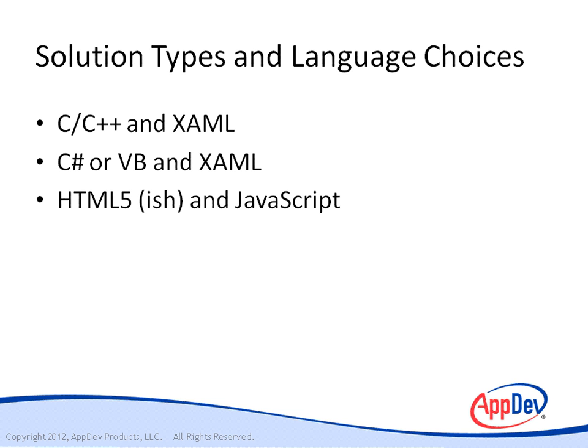On top of C#, VB, and XAML, you can also do HTML5-ish, and what that means is that to the best of Microsoft's ability, it's supporting HTML5, but for the foreseeable future, HTML5 has not been officially blessed by the W3C, and so there is some potential for some flux in the HTML5 standard, which hasn't been officially blessed yet. But you can use that as a type.